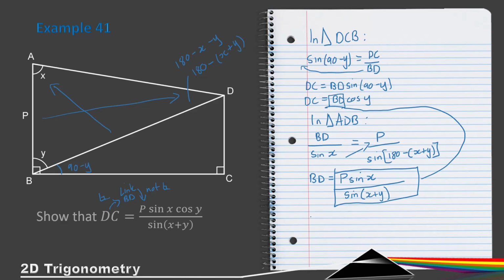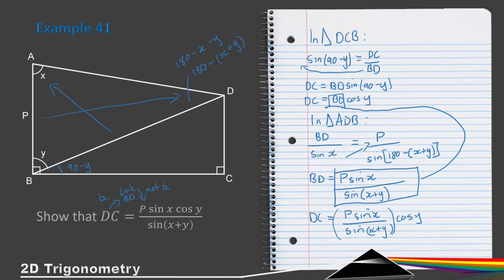Okay, so now we have DC is equal to all of that over sine x plus y. So that's basically substituted in for cos y, brackets not really necessary, but I'm just showing how it's substituted in. Then let's see if we're on the right track.